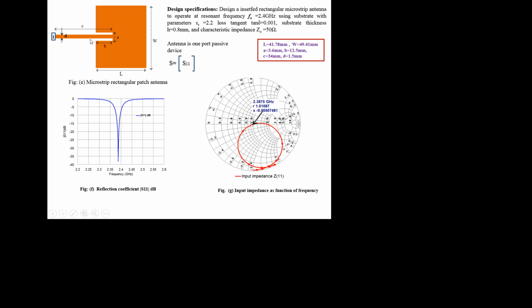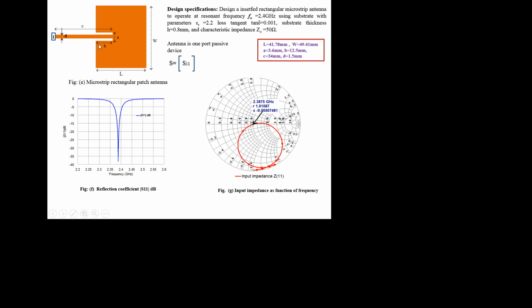It is the ratio of the reflected wave to the incident wave, B1 divided by A1, where B1 is the reflected wave and A1 is the incident wave. That is what we plot here, S11.